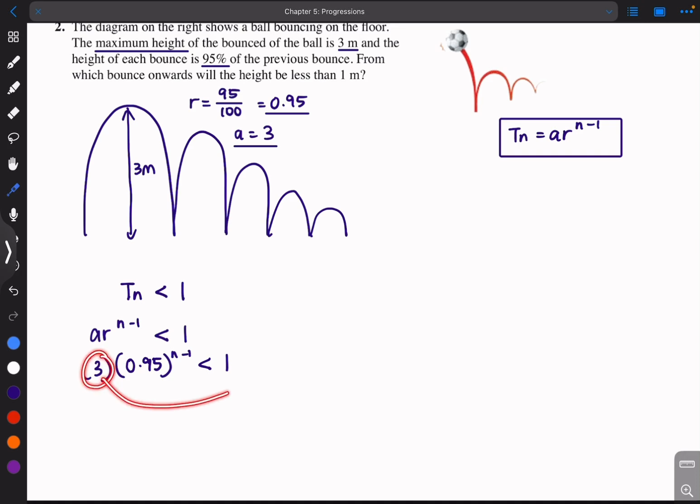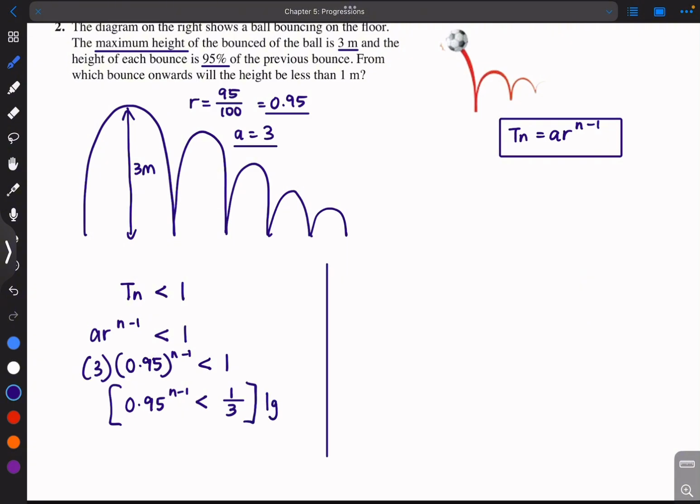So the 3 we bring here will become divide, so 0.95ⁿ⁻¹ is less than 1 over 3. And to bring the power down, we need to multiply both sides with log. So we multiply both sides with log 10, lg.